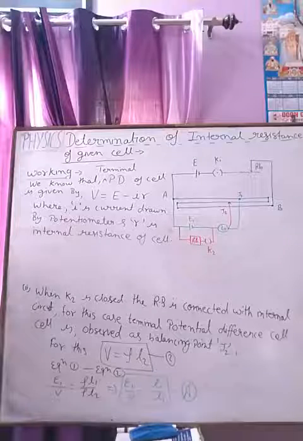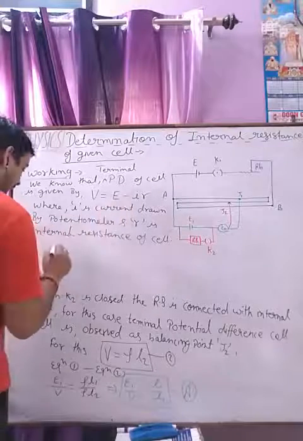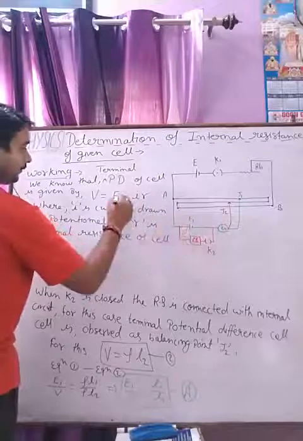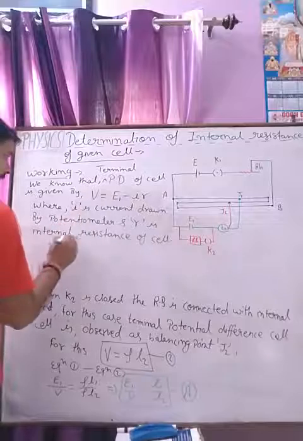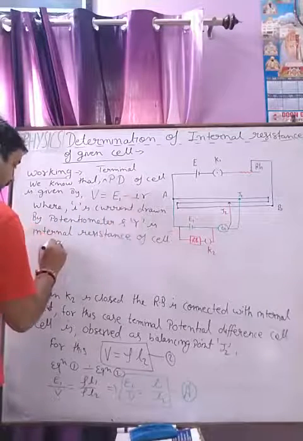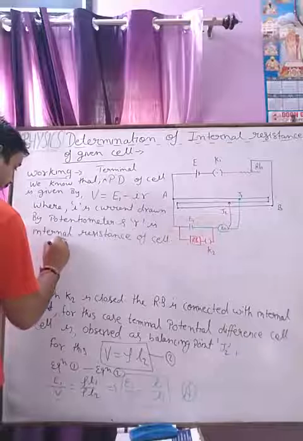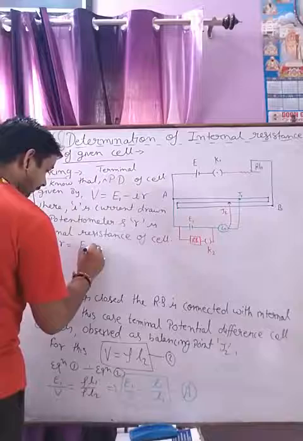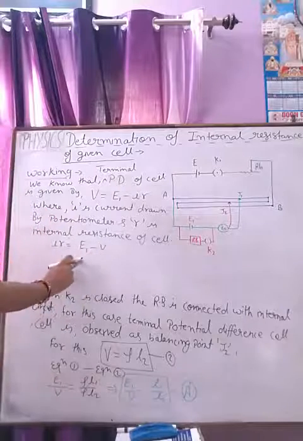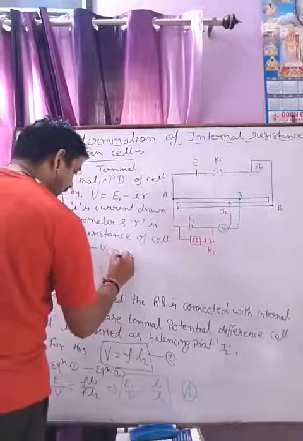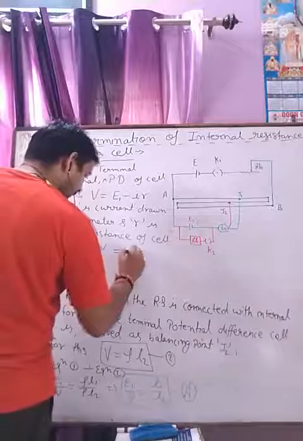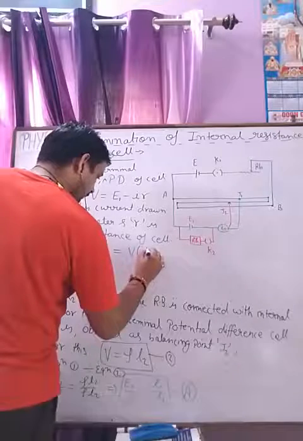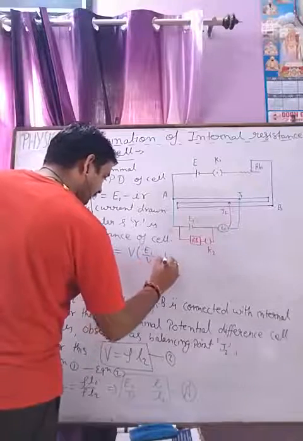Therefore, by using this equation, for the cell whose EMF is E1, we get Ir is equal to E1 minus V. Now V is taken as common, so we get V times (E1 upon V minus 1).